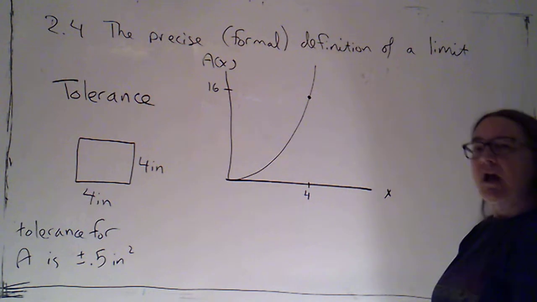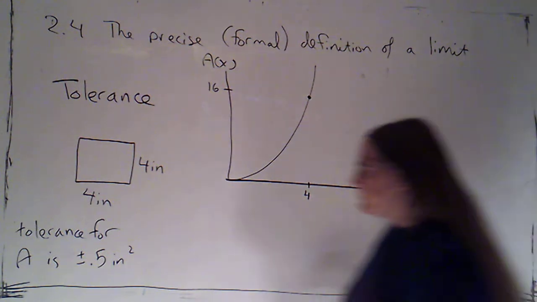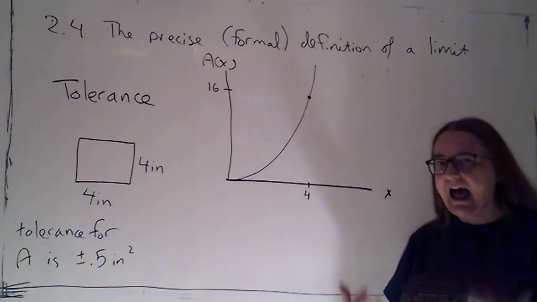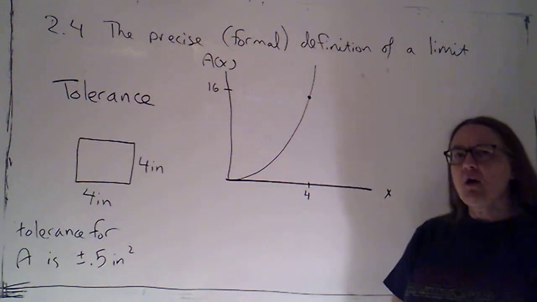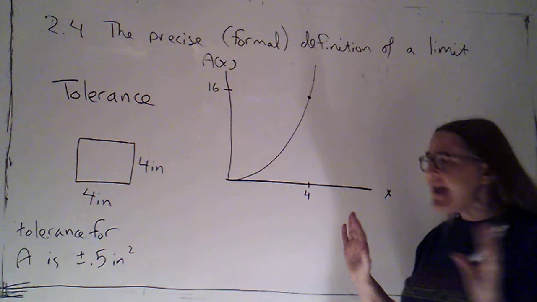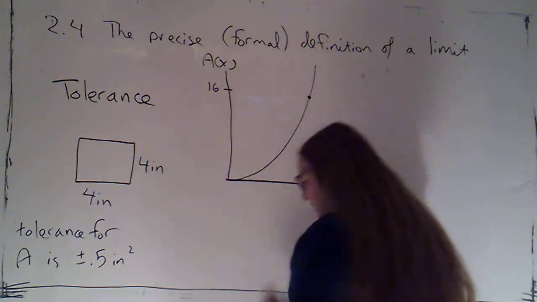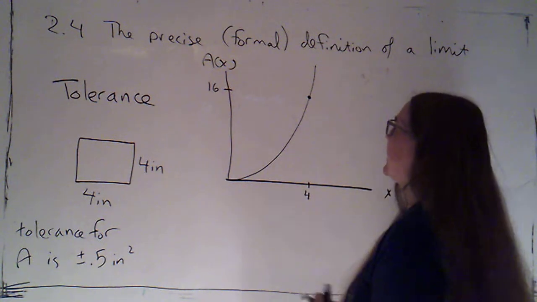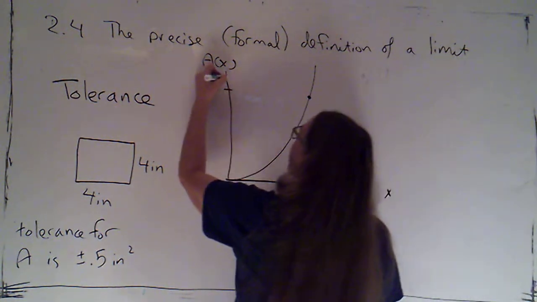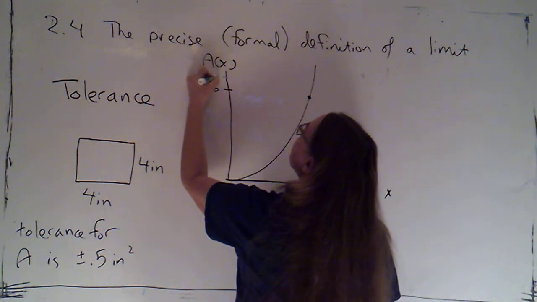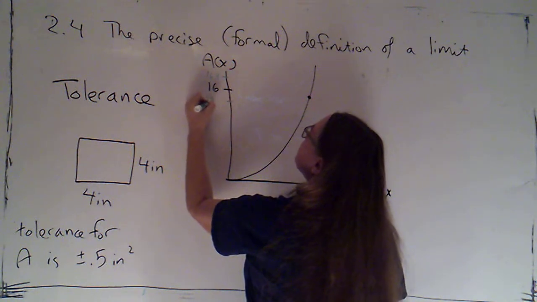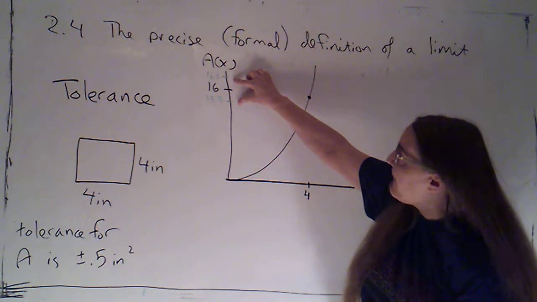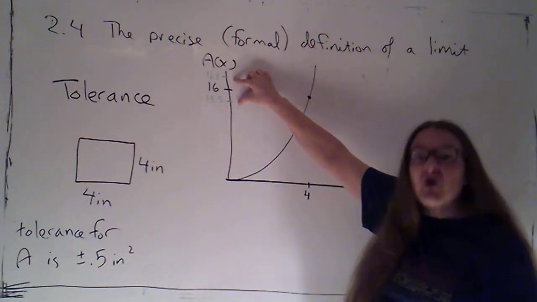But if we're saying that our tolerance for the area is plus or minus half of a square inch, we're saying, you know what, we're okay with it if we go a little too high or a little too low. So I'm okay if we go up to 16.5 or down to 15.5. If I'm anywhere within that range, that's good enough.